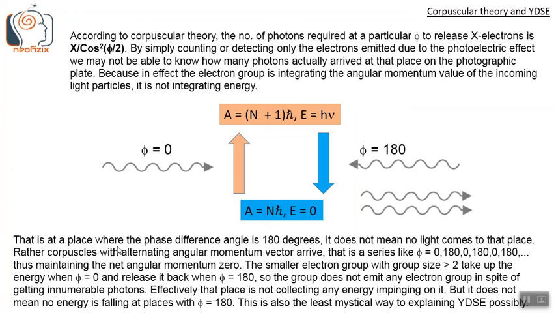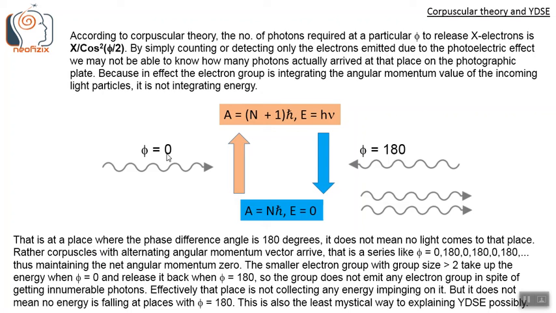So take a place where the phase difference angle is 180 degrees. Suppose one photon is coming parallel to the angular momentum of the electron group, and another photon is coming at 180 degrees, anti-parallel to the electron group. So at that place, it does not mean that no light comes to that place.